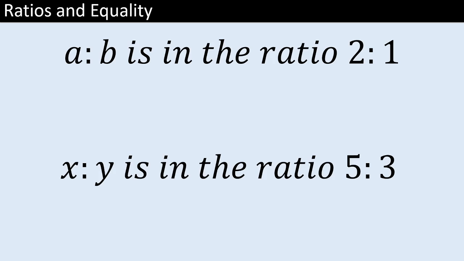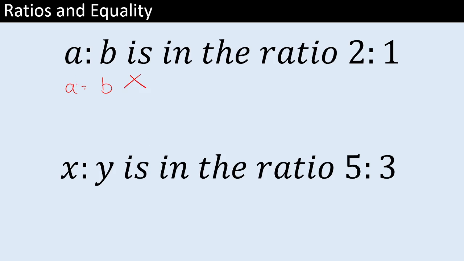Now, what I can't do is I can't just say A is equal to B, because that's clearly not the case, because A to B is in the ratio of 2 to 1. Okay, and A cannot equal B if they're in a ratio of 2 to 1. That just simply does not make sense.